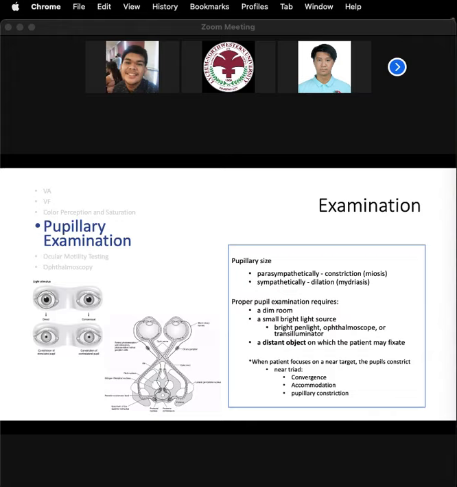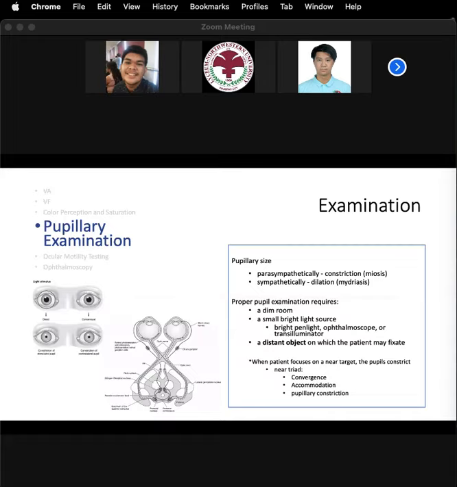The parasympathetic innervates the iris sphincter muscle that causes constriction, or miosis. The sympathetic pathway innervates the iris dilator muscles that causes dilation, or mydriasis.